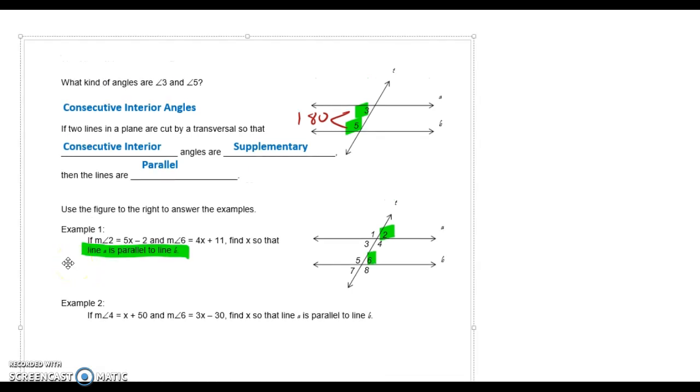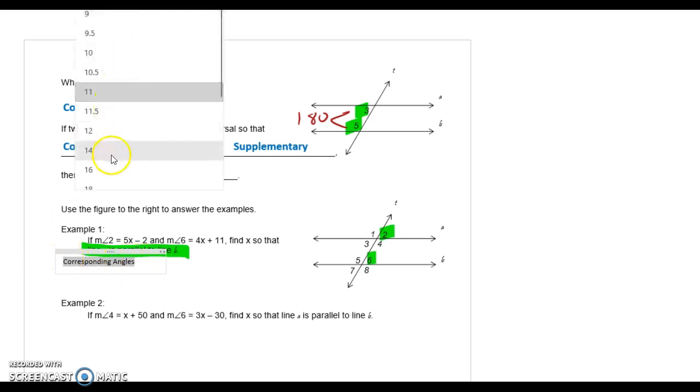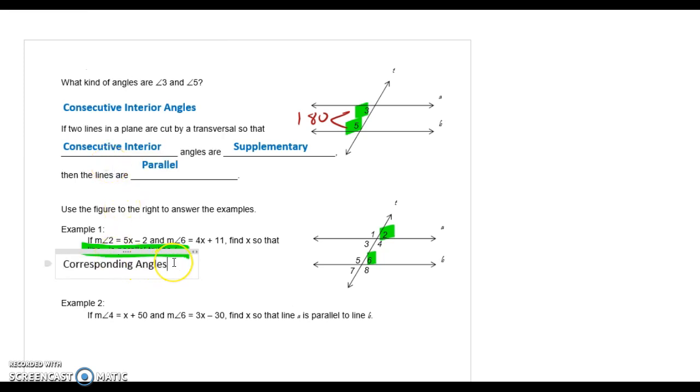We know that those two are called corresponding angles. Let's make that a little bigger. And we know that corresponding angles, if the lines are parallel, must be congruent. And under that, I want you to write that congruent means the same, equal.